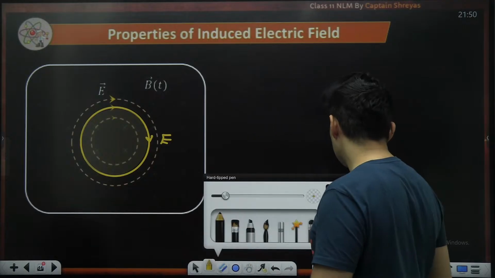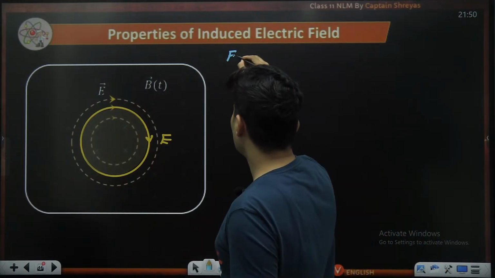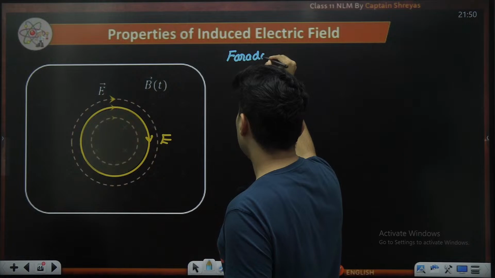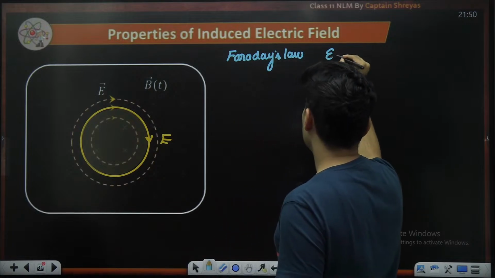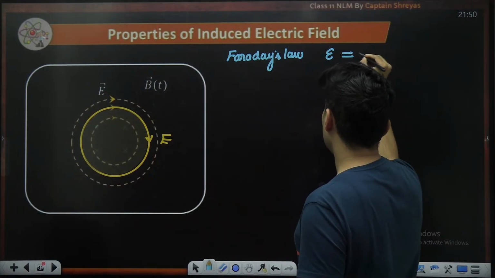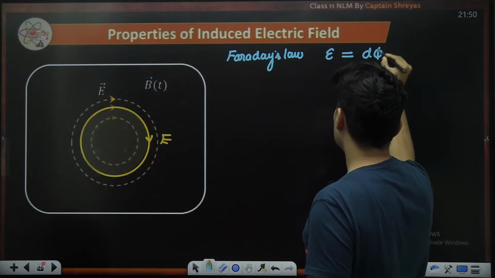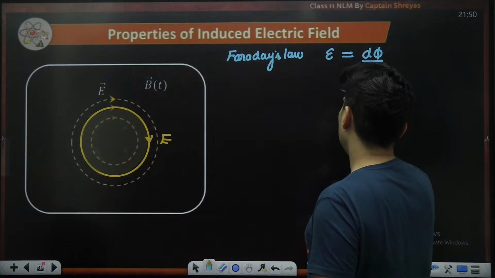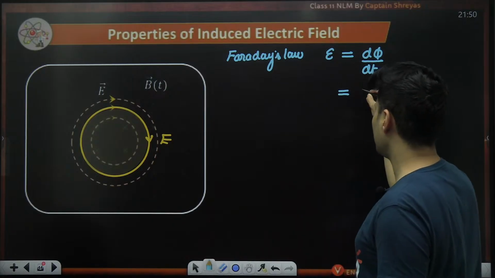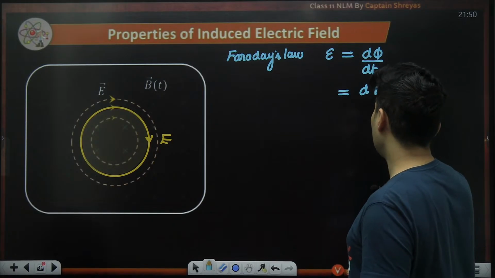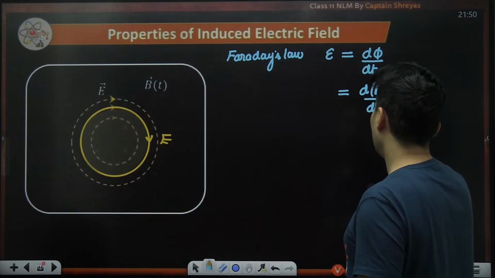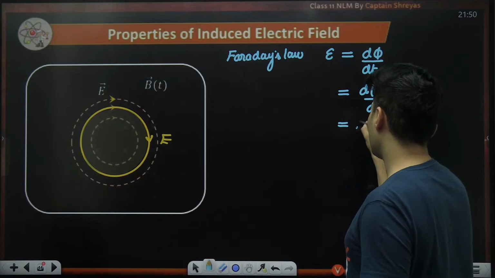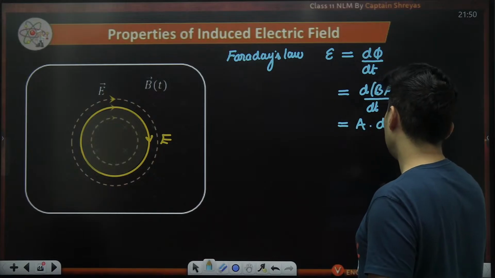So use Faraday's law, which says that my EMF magnitude wise is the rate of change of flux, and flux is changing because of the field change. So it will be d(B·A)/dt, out of which area is the same, so it will come outside, and it will be nothing but A dB/dt, of course.